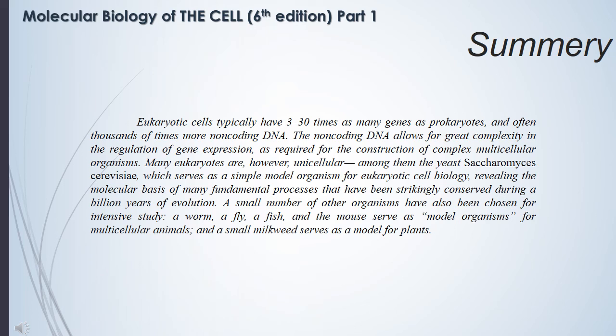So all in all, eukaryotes have genomes up to 30 times larger than prokaryotes, and they have a thousand times more non-coding DNA. Now, non-coding DNA doesn't mean junk. Non-coding DNA has a very important role in gene regulation.